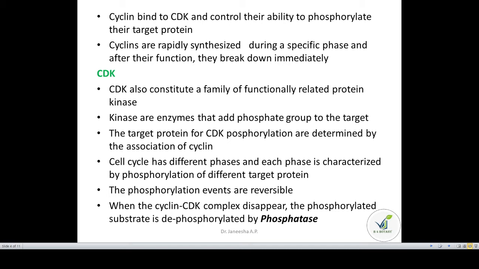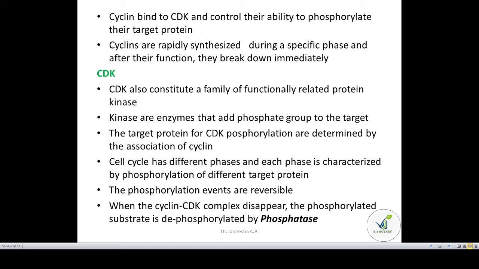The cell cycle has different phases, and each phase is characterized by phosphorylation of different target proteins. And we know the phosphorylation events are reversible. When the Cyclin-CDK complex disappears, the phosphorylated substrate is dephosphorylated by phosphatase, another enzyme.